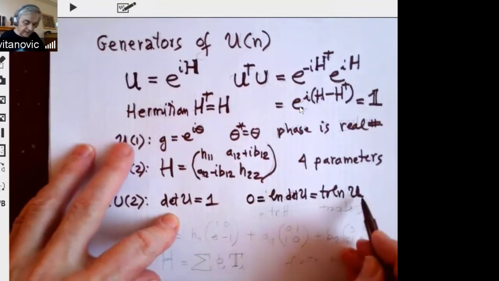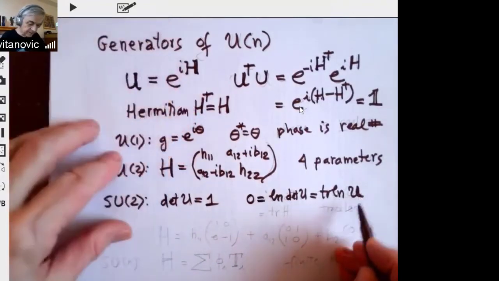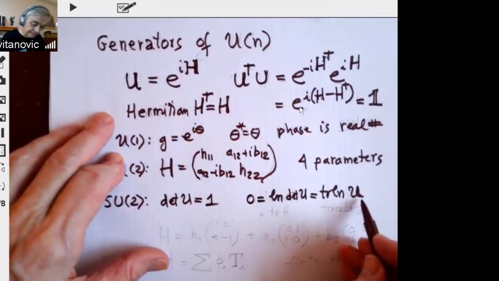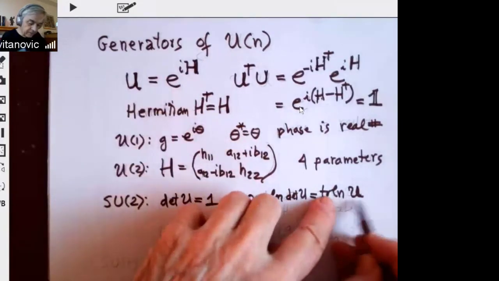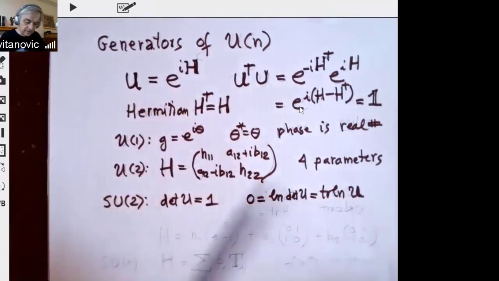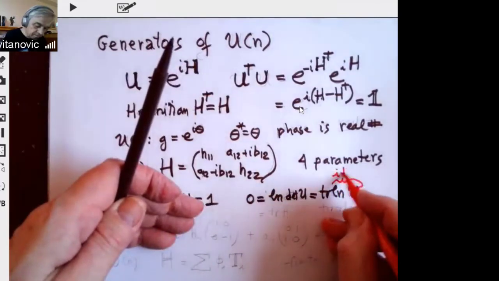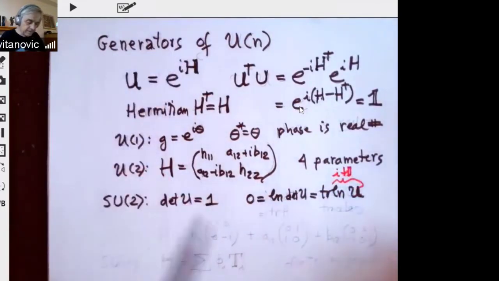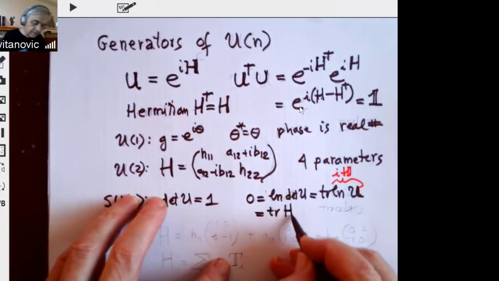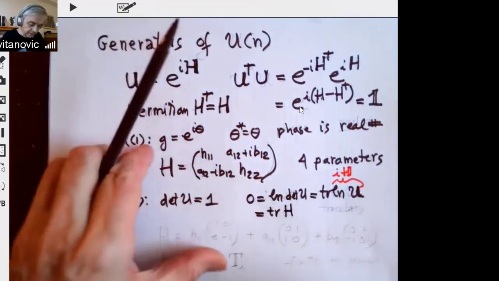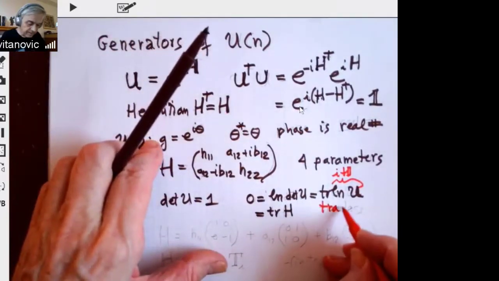But on the right-hand side, the logarithm of U is this matrix times I, which doesn't matter. So we find out that the trace of H, this is IH, has to be 0. Or as one says in the business, the matrix is traceless.